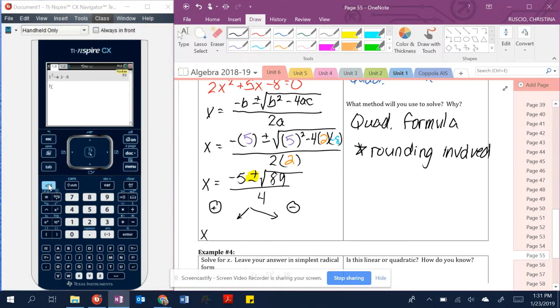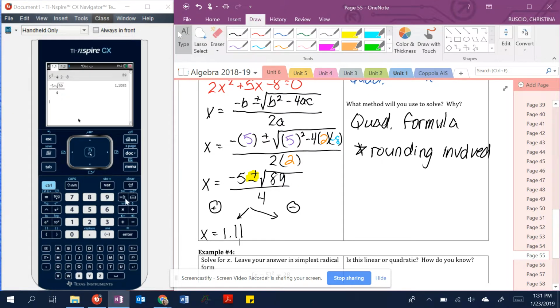You ready? Okay, Control divide is going to give me my template. -5 plus the square root of 89 all over 4. I'm going to put enter, and if I round to the nearest 100th, I'm going to get x is equal to 1.11.